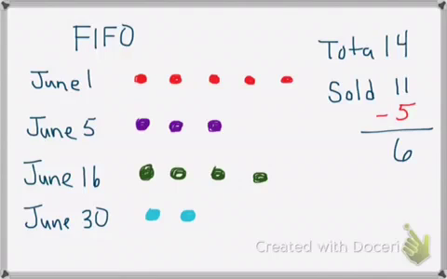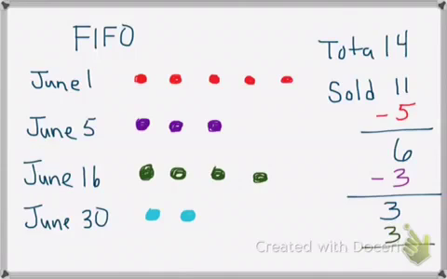So we would sell the red units first, and then we still have 6 to account for. And so the next ones that we're going to account for are going to be those 3 purple units. And that means that we're going to have 3 more that we have to account for. And so the next set of units that we have are the green units. And so what this is saying is we would sell those 3 green units.